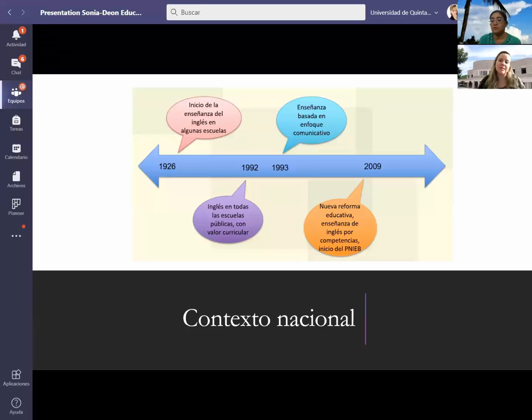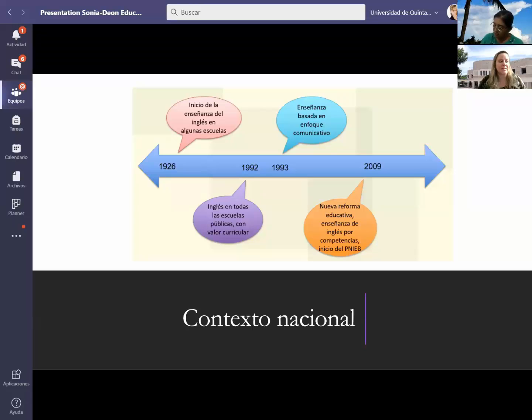Pero esto en algunas escuelas, pues ustedes saben o se imaginarán que mayormente eran escuelas privadas, una que otra pública, pero no es una enseñanza del inglés de manera estandarizada que podemos decir que todas las escuelas se incluyen. Sin embargo, eso sí sucede en 1992 en una de las reformas educativas, en donde se empieza a enseñar el inglés principalmente en las escuelas secundarias.